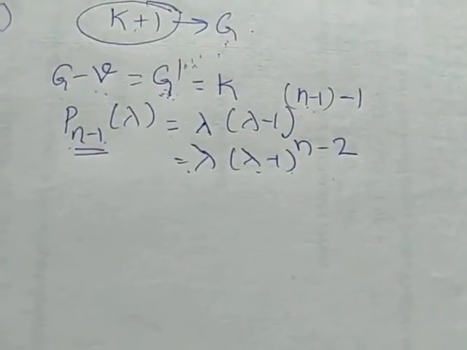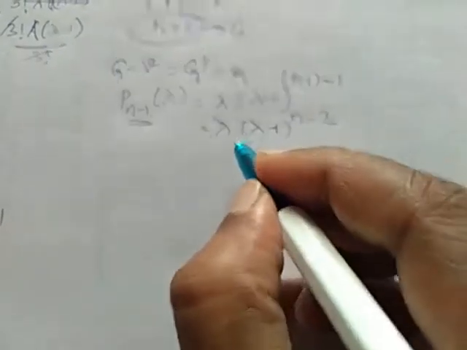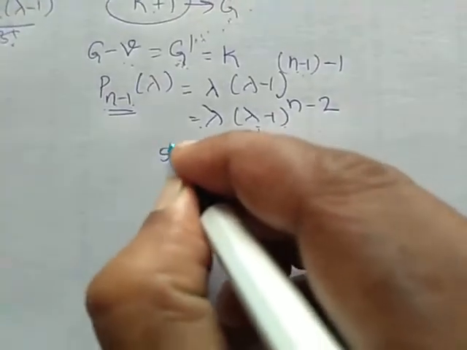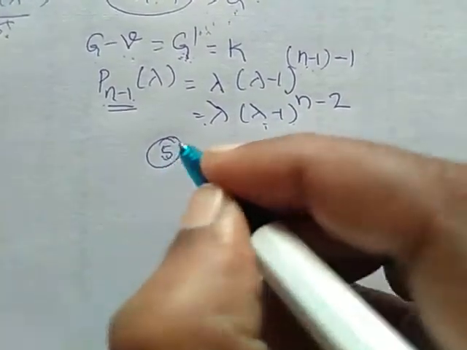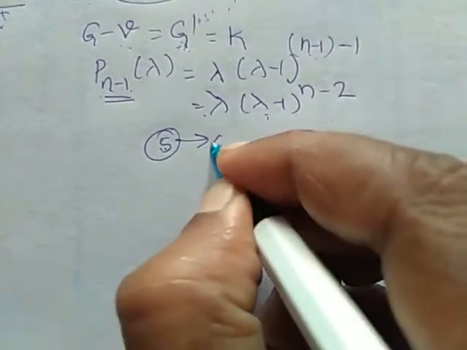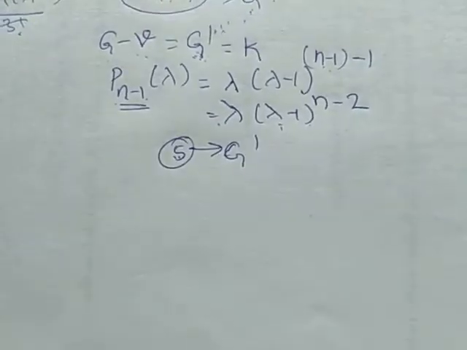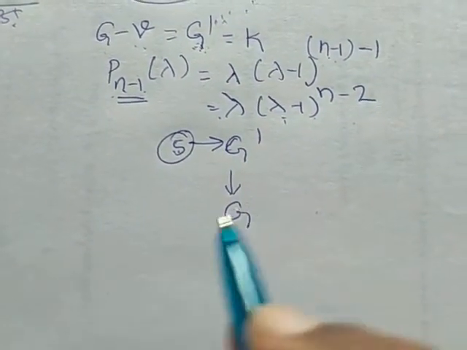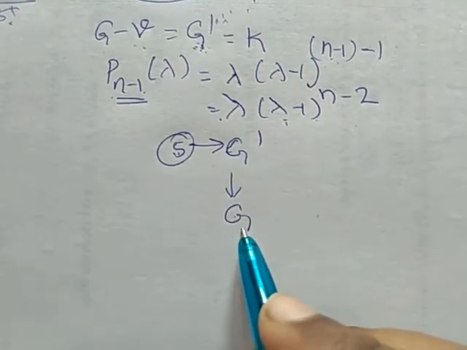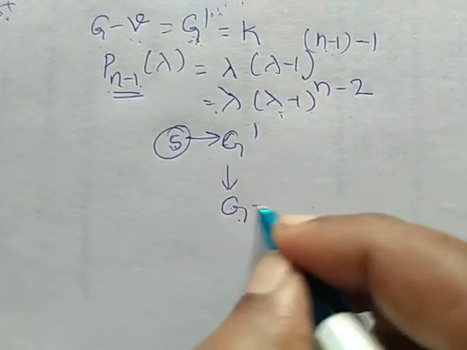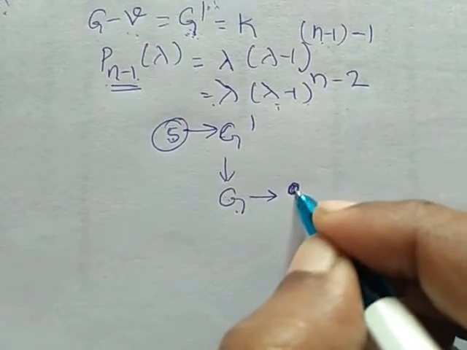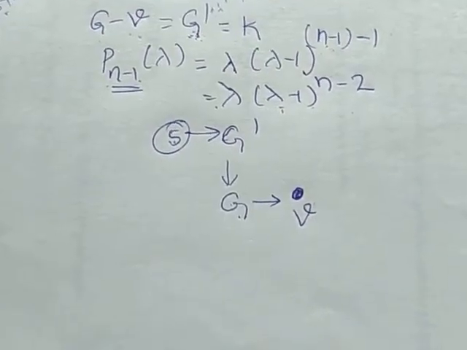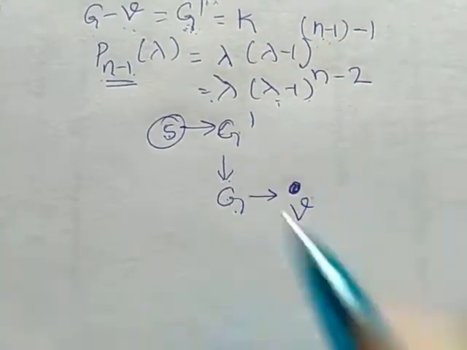For each proper coloring of G dash, the graph G can be properly colored by coloring the vertex V with a color other than that of the vertex adjacent to it.